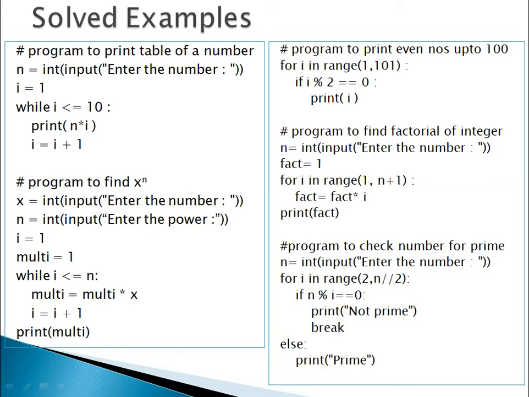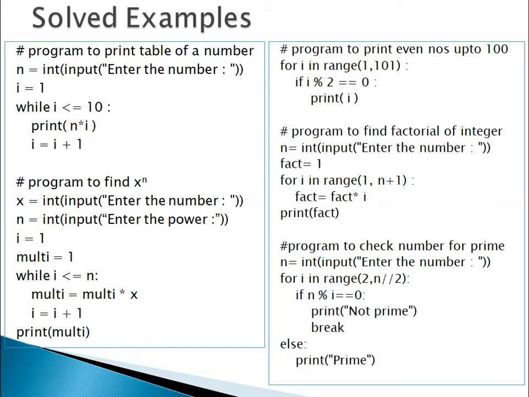Suppose you have the number 8. In the beginning the value of i will be 2 because the loop starts from 2. So if you write 8 mod 2, so divide 8 by 2, what will be the remainder? 0. That means 8 is not a prime number. Then why should you divide it by 3 again?